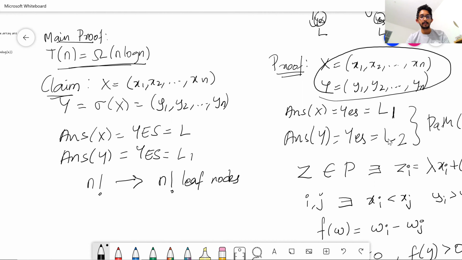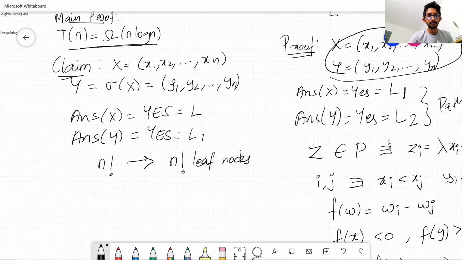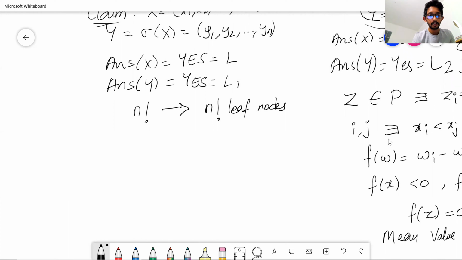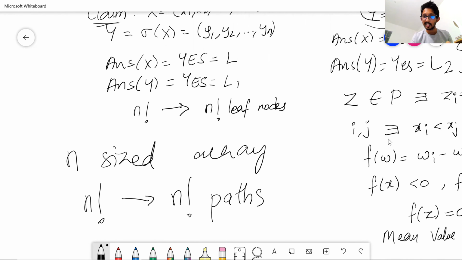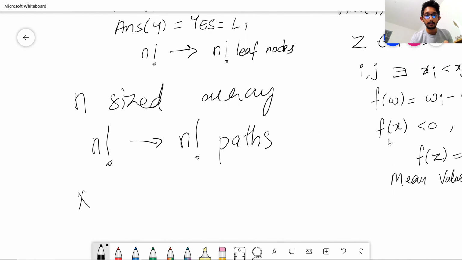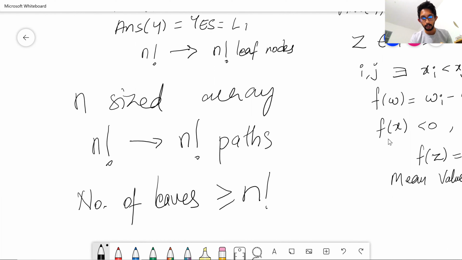So we are able to prove that two permutations of the same array go to the same result but in a different path, which gives us that if there is an array of size n, then all the permutations, which are n factorial, go to n factorial paths. That tells us the number of leaves should be at least n factorial, because we are just considering yes cases.